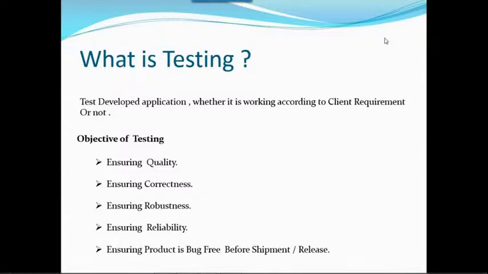But we cannot say to the client, you will not get a single bug after the product launch. No, we cannot promise like that because we don't know what kind of issues will come. In real time, by using the application, we will definitely get some issues, no doubt at all. Is it clear?